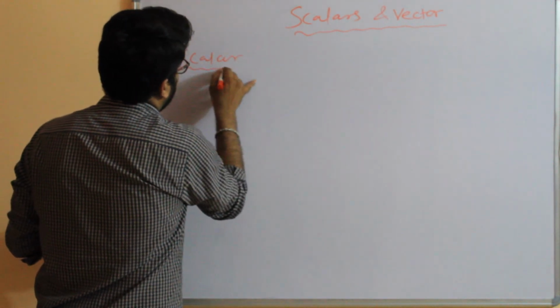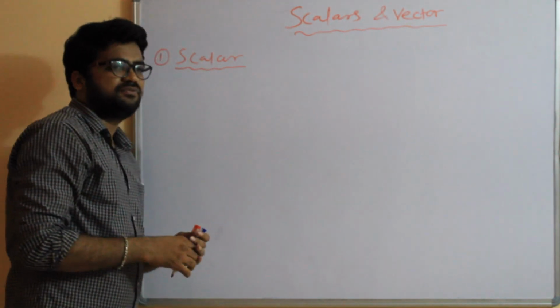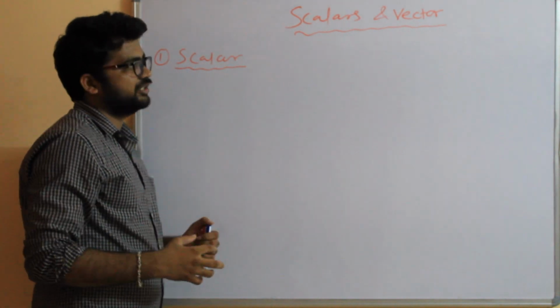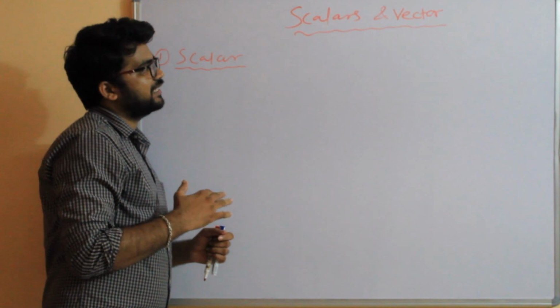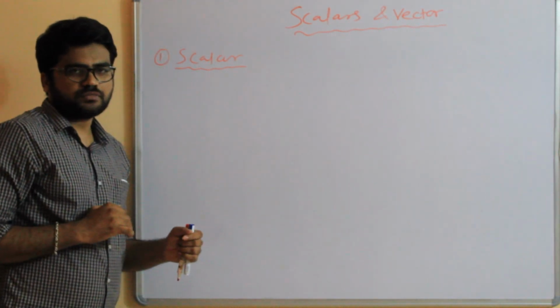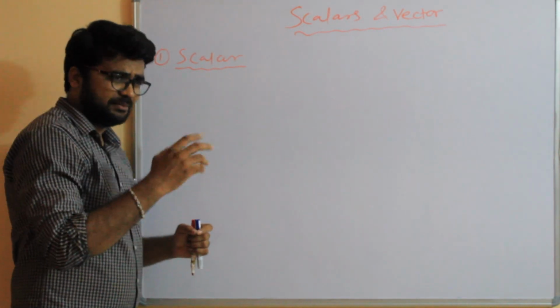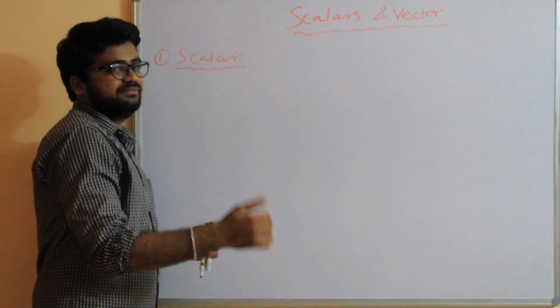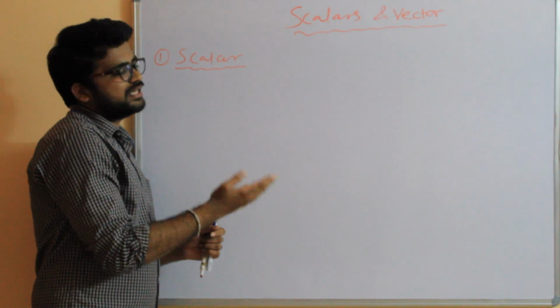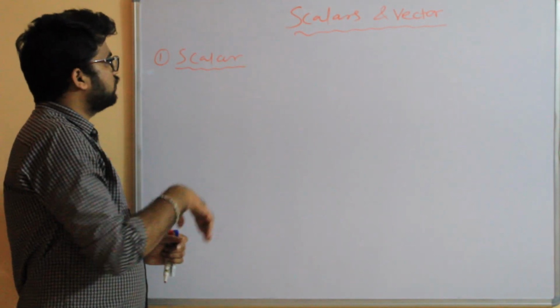A scalar is a very simple quantity. It is a physical quantity, right? Physical quantities are basically divided into two parts, scalar and vector, right? We have fundamental as well as derived physical quantities, but further we can divide them into scalars and vectors, right? So what is a scalar?